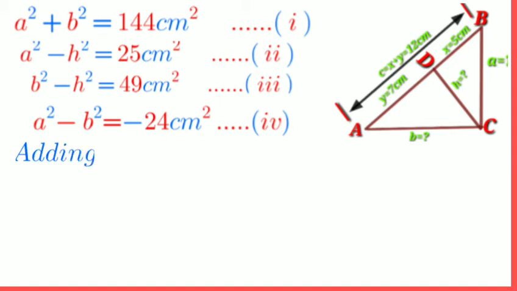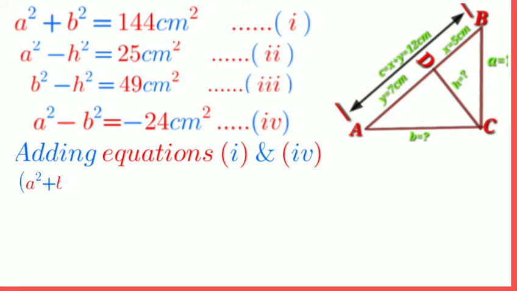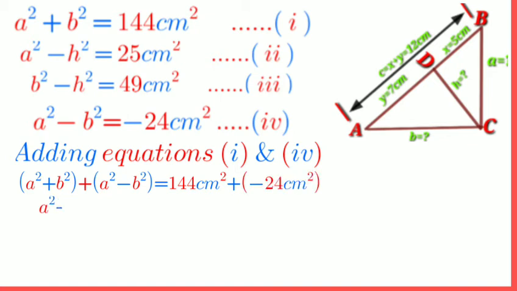On adding the equation 1 and 4, A square plus B square plus A square minus B square is equal to 144 square centimeter plus minus 24 square centimeter.